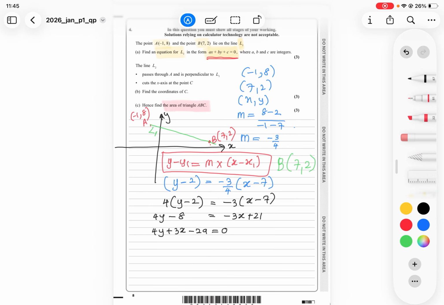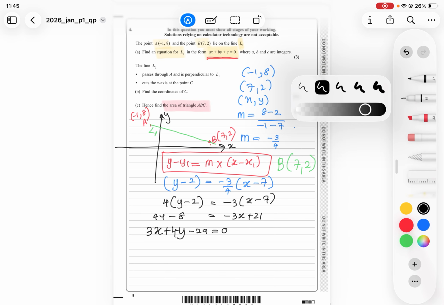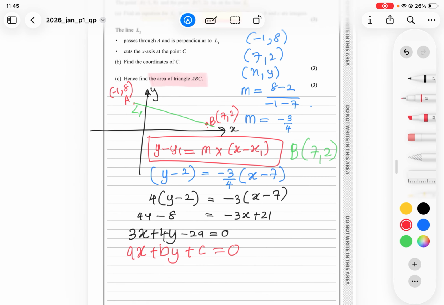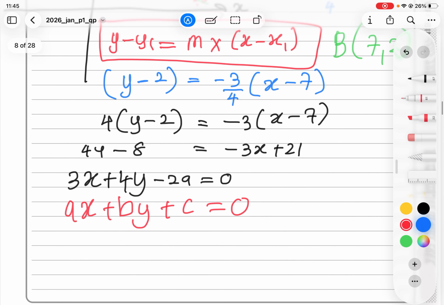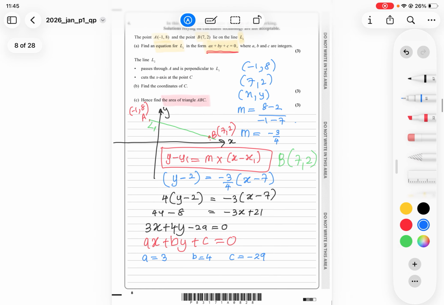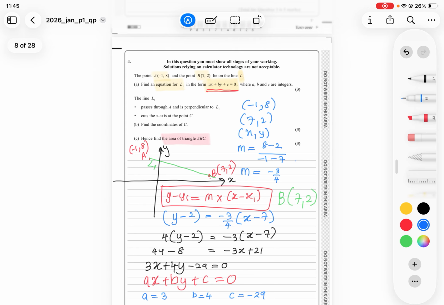Here they have written the x term first, so let me rearrange it and write 3x plus 4y. In the final answer, they have ax plus by plus c equals 0. So here we can say a is 3, b is 4, and c is -29.